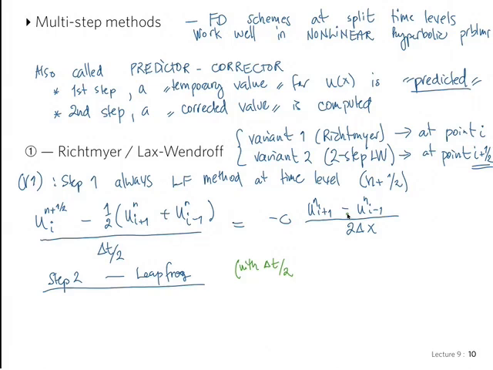So we're looking at both sides of our time level. So we write it u^{n+1} minus u^n at I, and this is a leapfrog with delta t half.